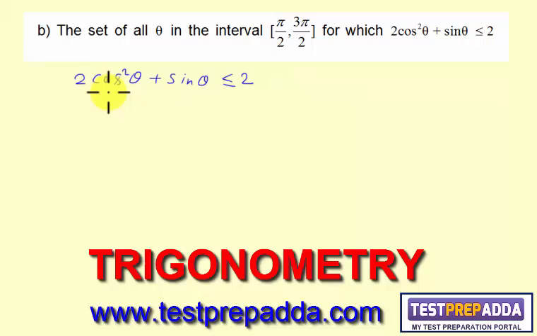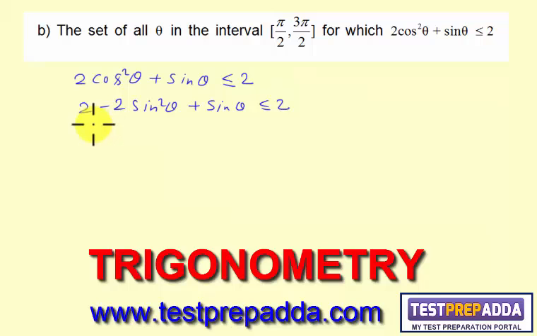Now, cos square theta I can write as 1 minus sin square theta. And 2 times that can be written as 2 minus 2 sin square theta. Okay, so 2 minus 2 sin square theta plus sin theta less than or equal to 2.